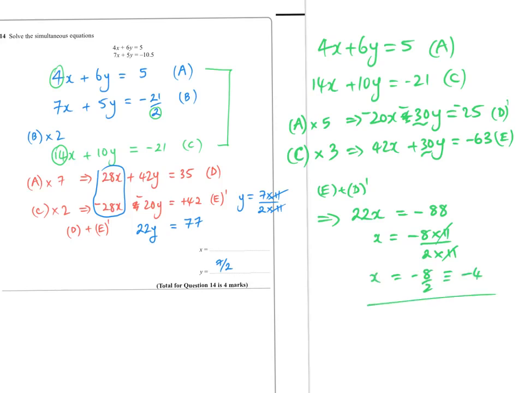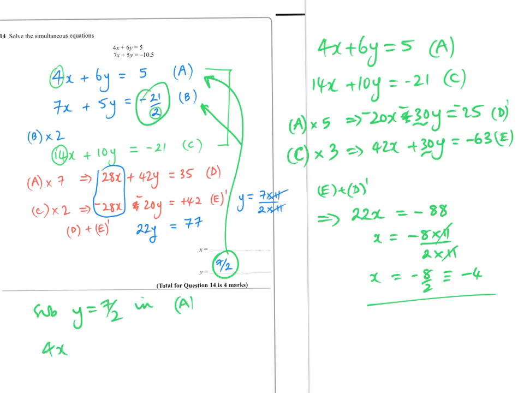The alternative is, once you had your 7 over 2, you could just put that into either A or B. I'd probably steer clear of B because it's got this horrible fraction in it. So if I sub y is 7 over 2 in A, then that would give me 4x plus 6 lots of 7 over 2 equals 5.